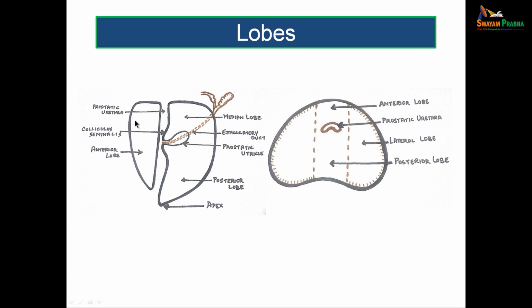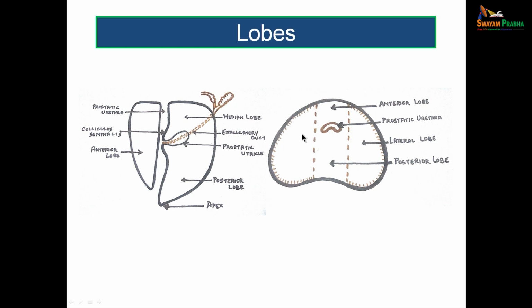So, this part is the anterior lobe in front of the urethra. This part is the median lobe above and medial to the prostatic utricle and the ejaculatory ducts, behind the prostatic urethra, and this in the midline is the posterior lobe connecting the 2 lateral lobes.